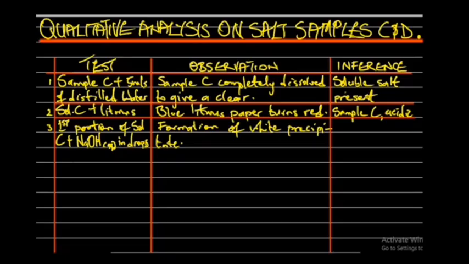We went further to test again in excess sodium hydroxide, and we discovered that the precipitate was soluble in excess sodium hydroxide. So the white precipitate dissolved in the mixture.